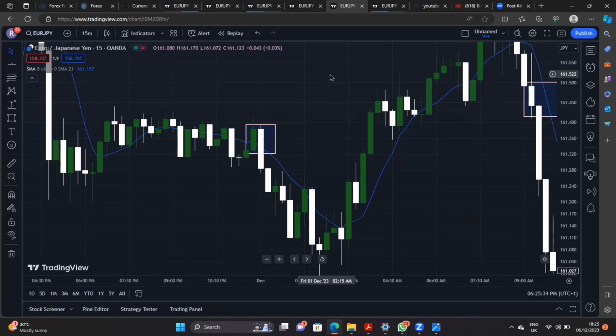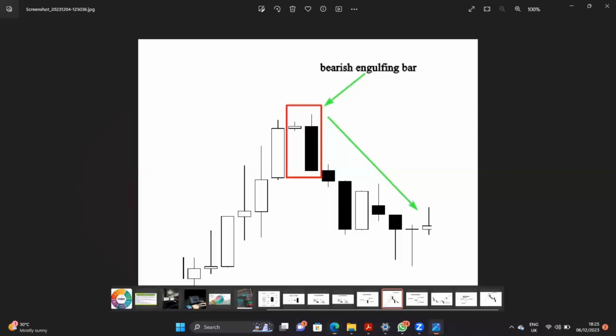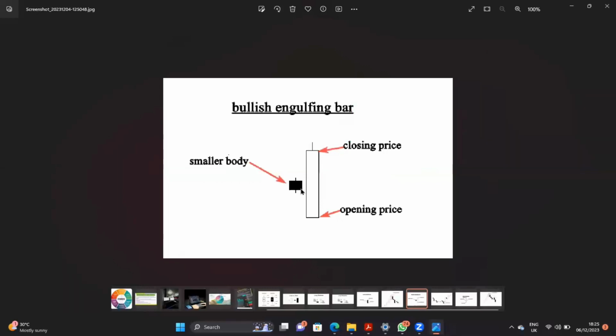We'll go deeper into what each candle must possess to be called an engulfing. But one thing you want to understand is this: an engulfing must have two bodies. One, the small body, and the other, a long candle, fully engulfing the smaller candle. We can also see some other examples here. Here we have a small body and a full body.